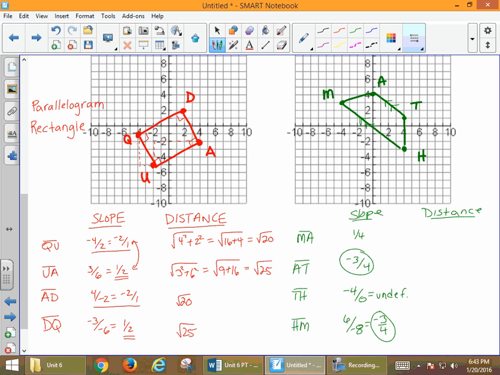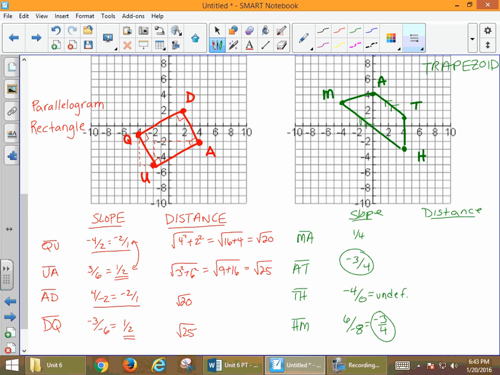So I have one pair of parallel sides, which means this is a trapezoid.